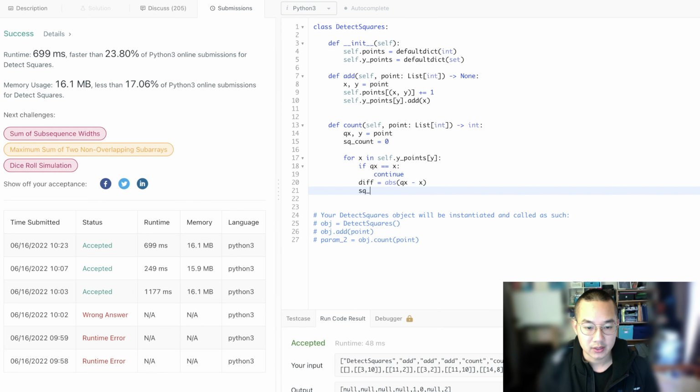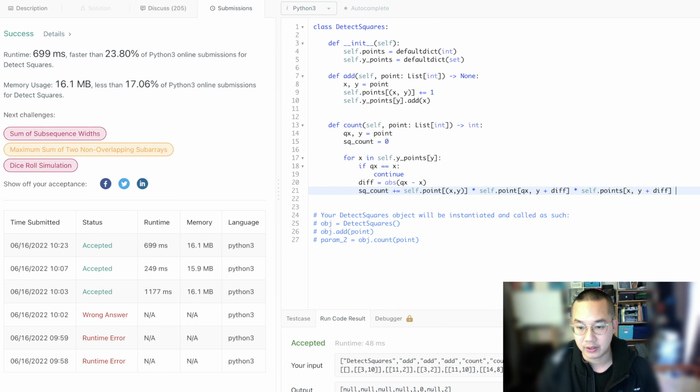So square counts plus equals self dot points x and y times self dot points qx y plus diff. This is to be below the line, and the other one is to be above the line, because there are two different ways of getting there from the y.